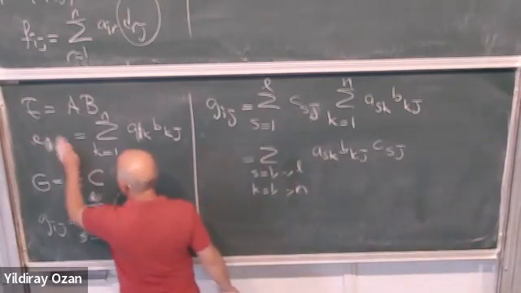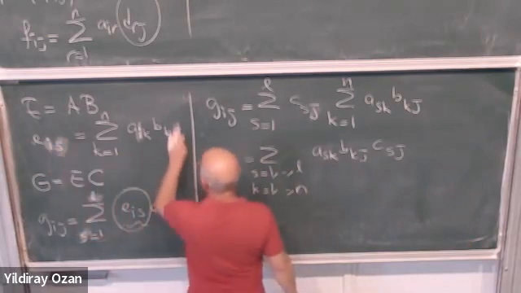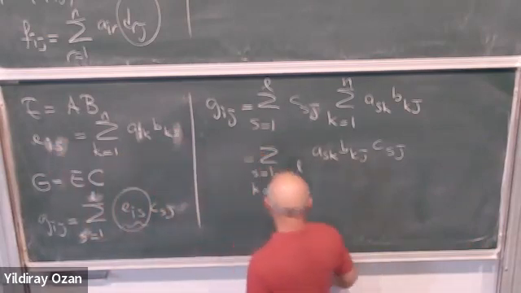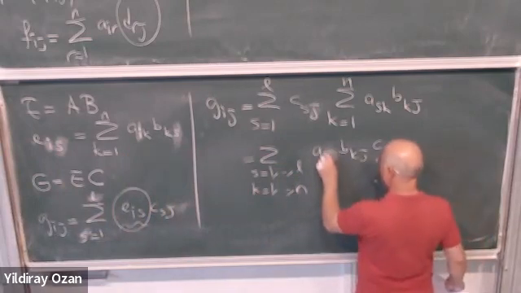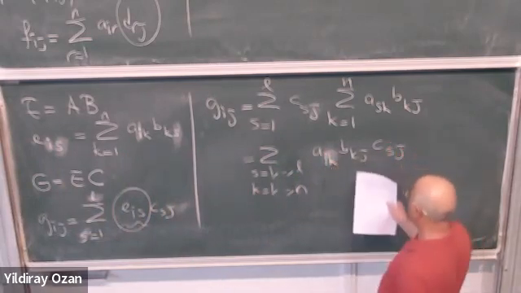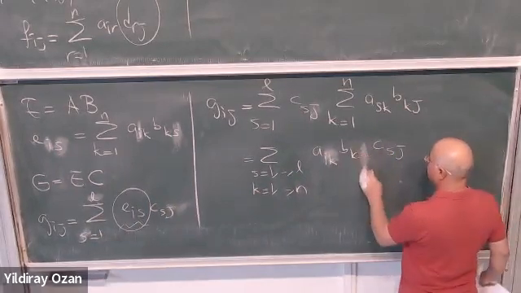Okay, I write S here. What S here? A I K, B K S. Sorry.